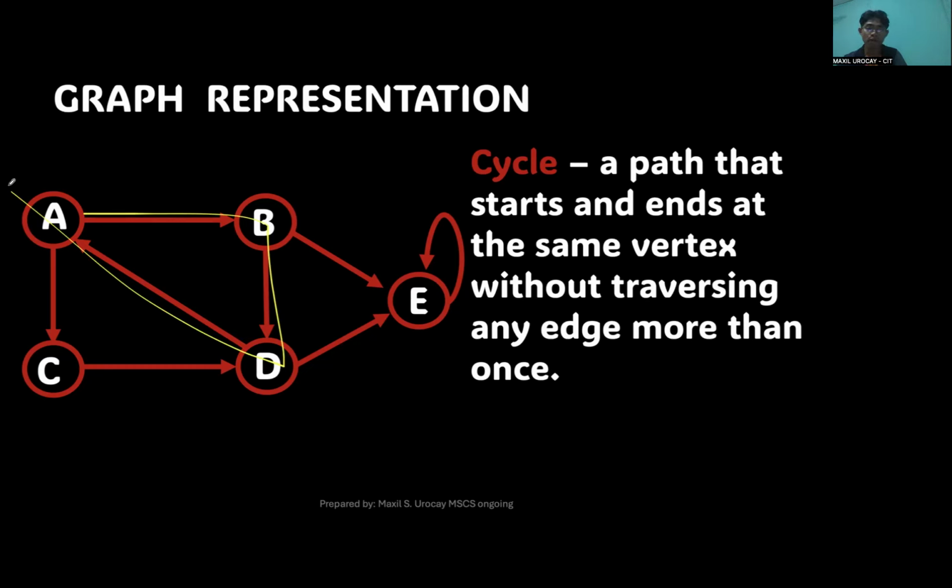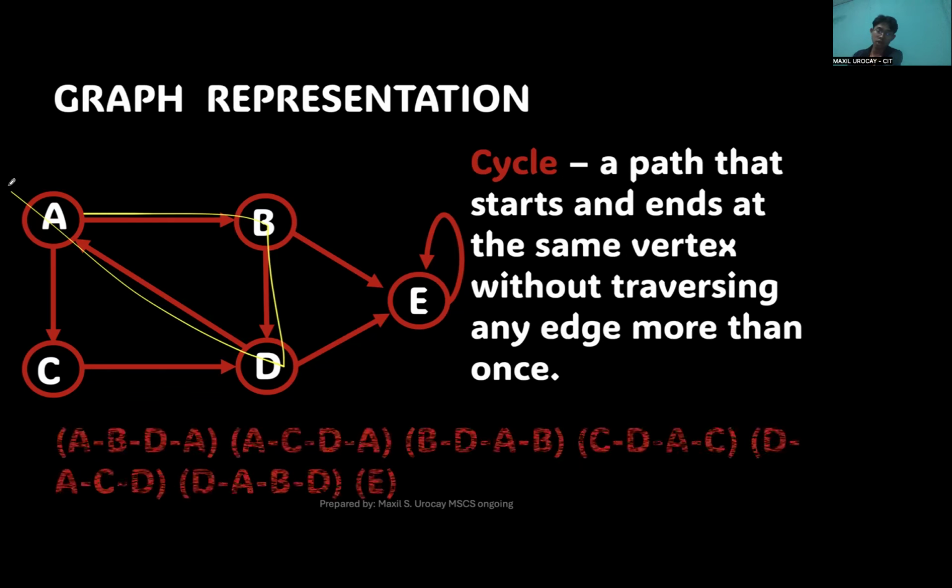Now in that particular graph, if for example you are in the node E right now, is there any path for the letter E? Since there is a loop right there, a loop to itself, that is considered a path already.